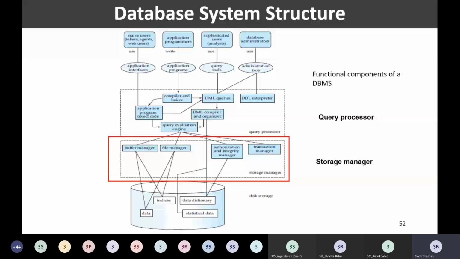The input-output operations required to read data from the disk or to write data into the disk are really very expensive.